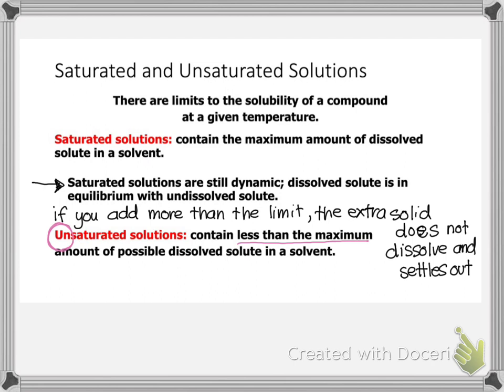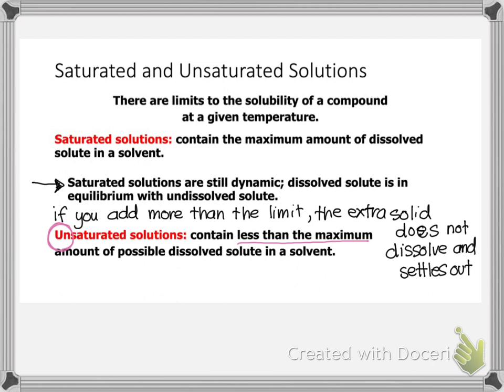In lab, when we're qualitatively trying to decide if a solute is soluble or insoluble, we always try to work with unsaturated solutions because we want to be below the maximum so we know if it will dissolve or not. Because if you're insoluble, you won't dissolve whether you're below or above any limit. There's no limits, right?